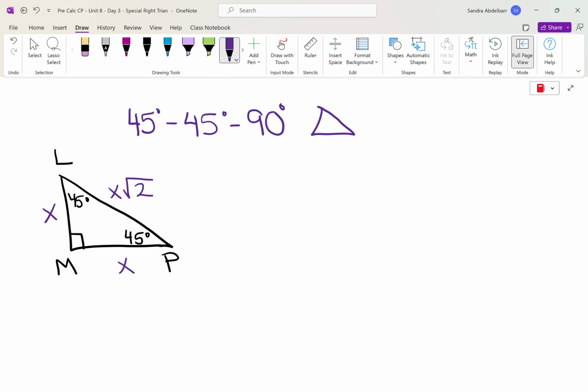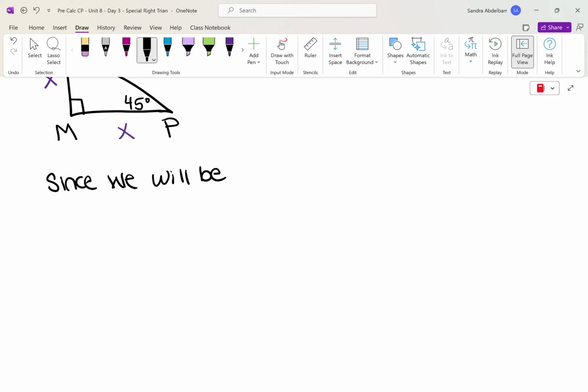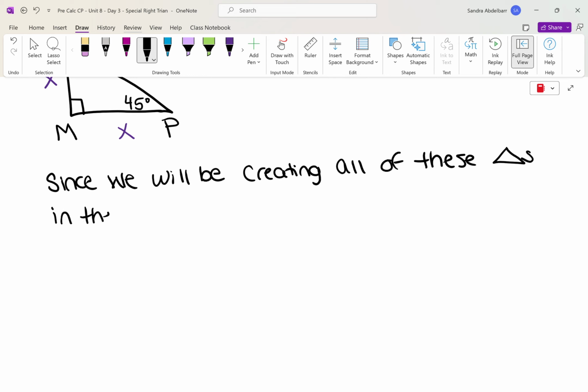For our purposes in this class in pre-calc, we're going to be creating all these triangles using the unit circle. So let's write this out. Since we will be creating all of these triangles in the unit circle, x will equal 1.